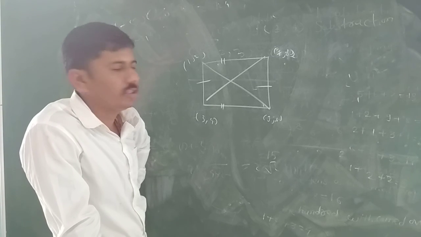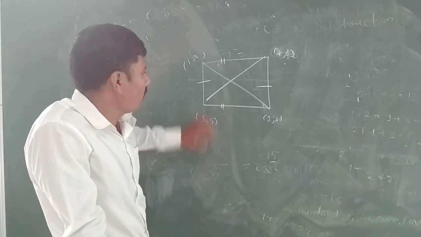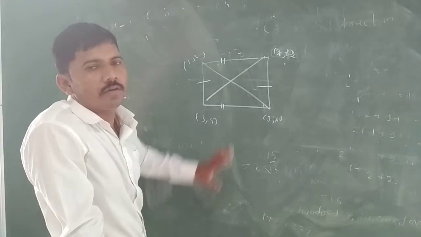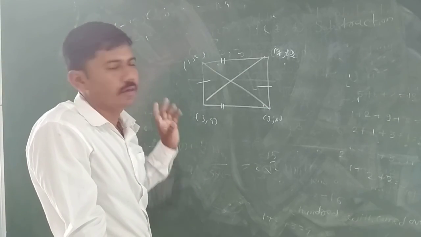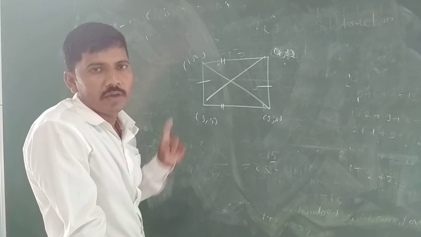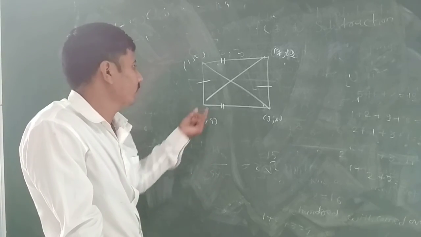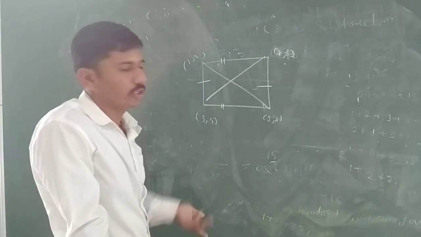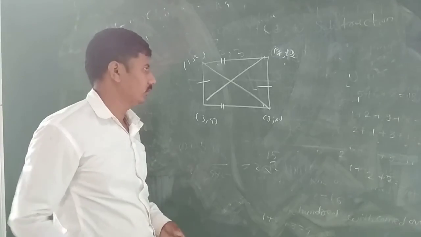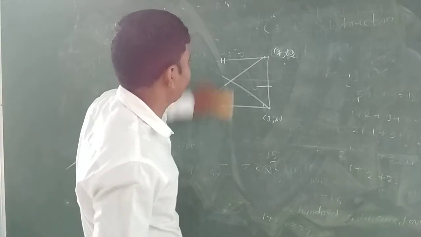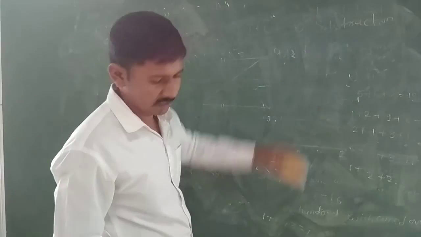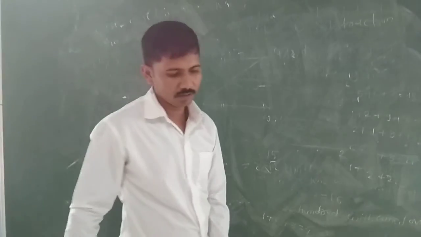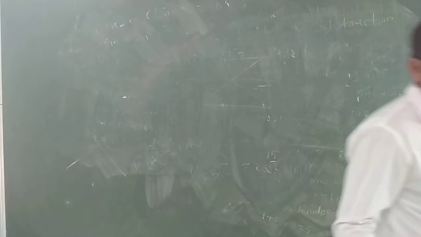I told you the properties of a rectangle. One more property is that all angles are 90 degrees, but that is not useful here. Yes, it can be useful, but it is related to the slope. While learning the slope, I will explain the properties related to the angles of a rectangle. So remember this. To solve this example also, take a snapshot and send it to me on my WhatsApp group. Okay. So thank you.